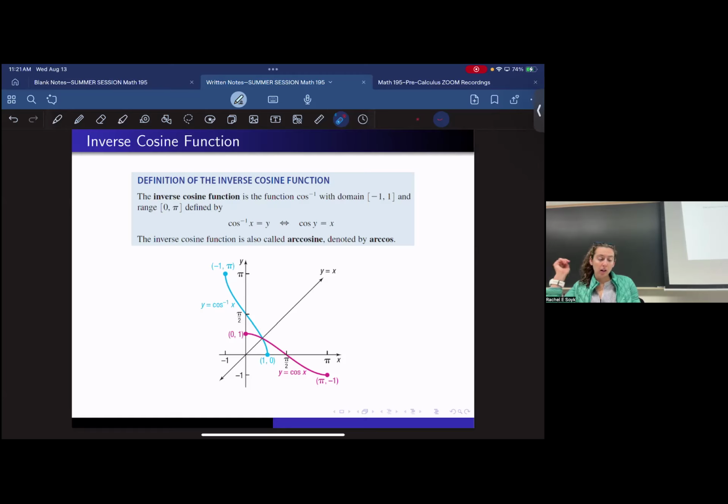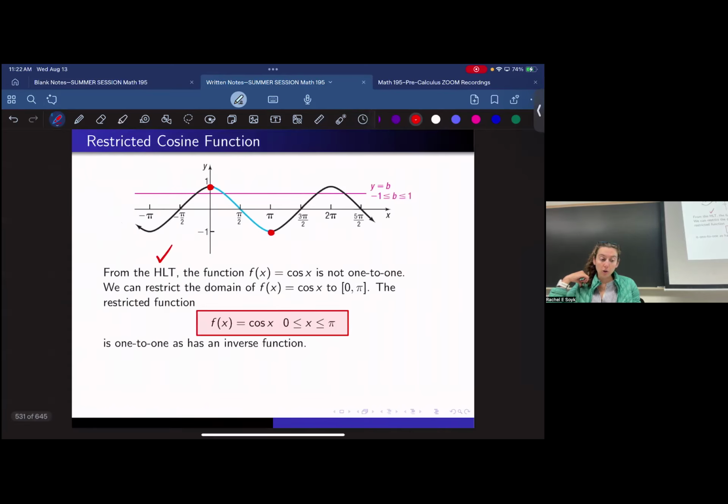And then let's look at our domain and range. So our range is now that 0 to pi. And then our domain, well, what is our range for our function cosine of x? Our absolute minimum is -1 and our absolute max is 1.